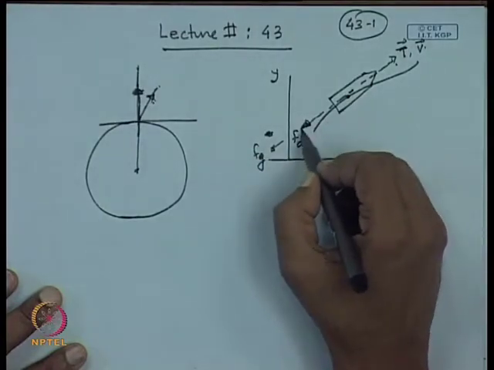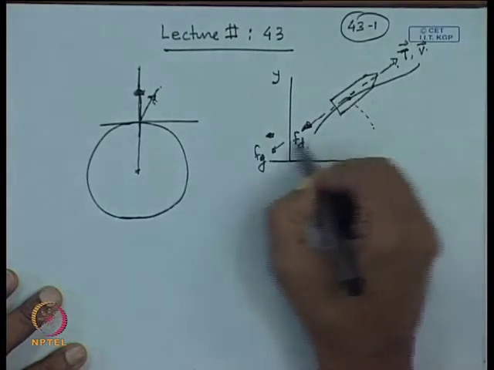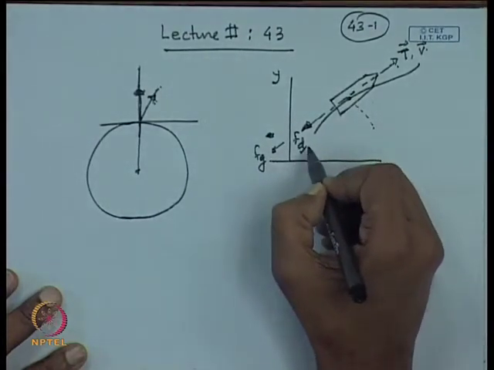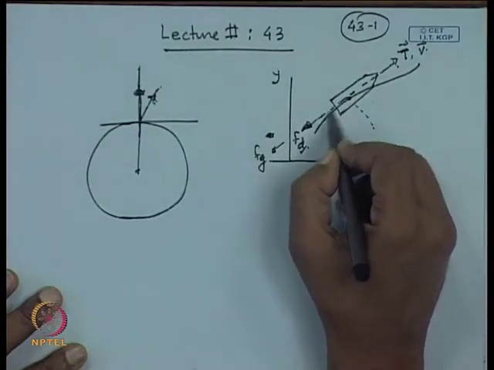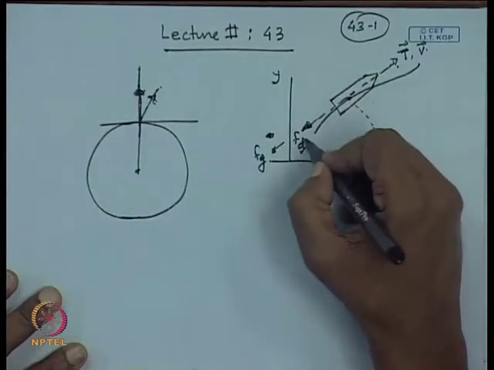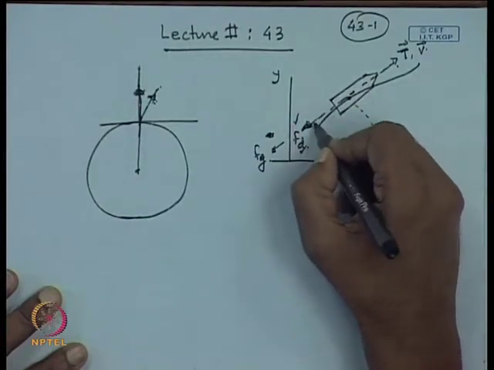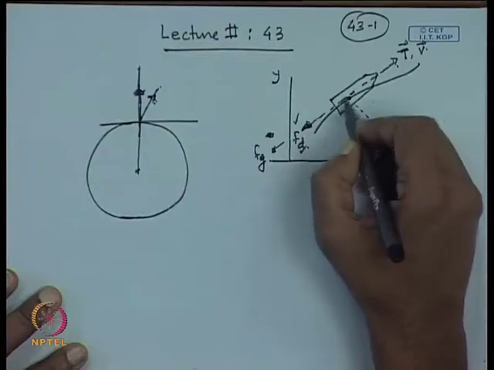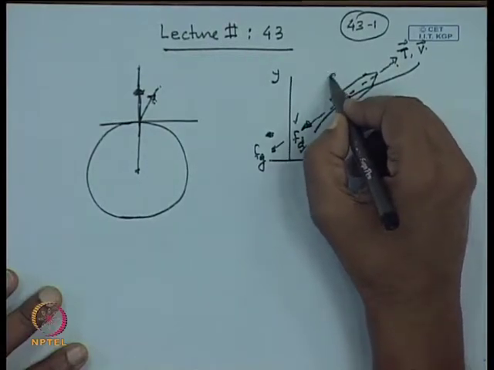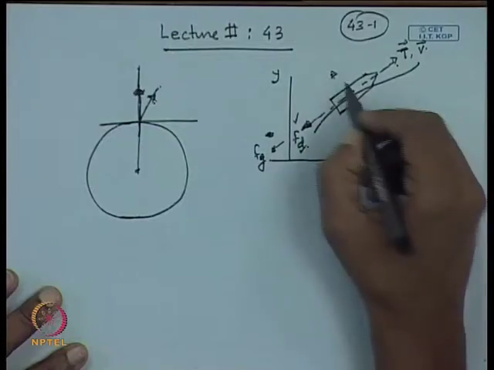Okay, gravity will have two components, and one will be the drag component, sorry, the drag will have two components: the one along the direction opposite to the velocity vector, which is called the drag component, and another one perpendicular to this, called the lift component.